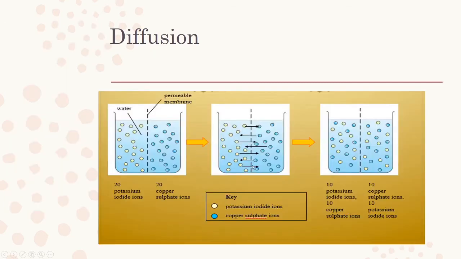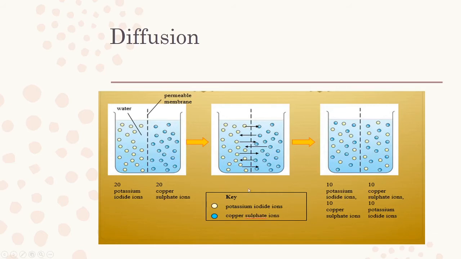See, this is a great example. Over here in the first picture we have 20 potassium iodide ions, and in the second we have 20 copper sulfate ions. So they will obviously diffuse because in the second part there are not any potassium iodide ions, which means a lower concentration over here and a higher concentration over here, and vice versa with the copper sulfate ions.